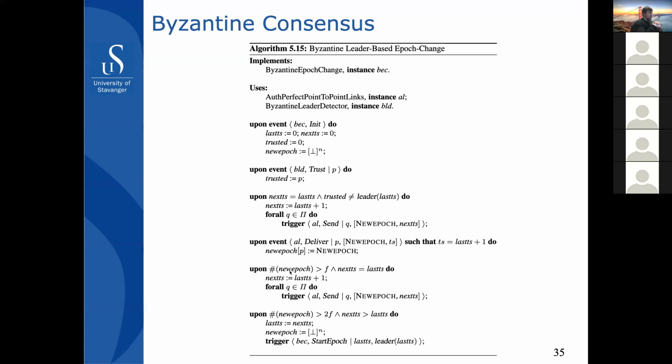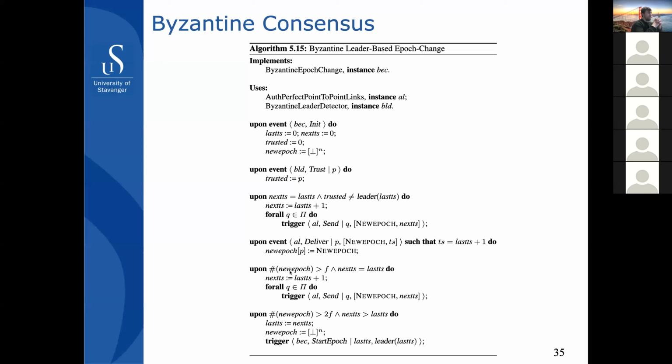We keep a set with the new epoch messages, and whenever we receive messages from more than F processes that don't trust the current leader, we broadcast this suggestion to change the epoch ourselves also.